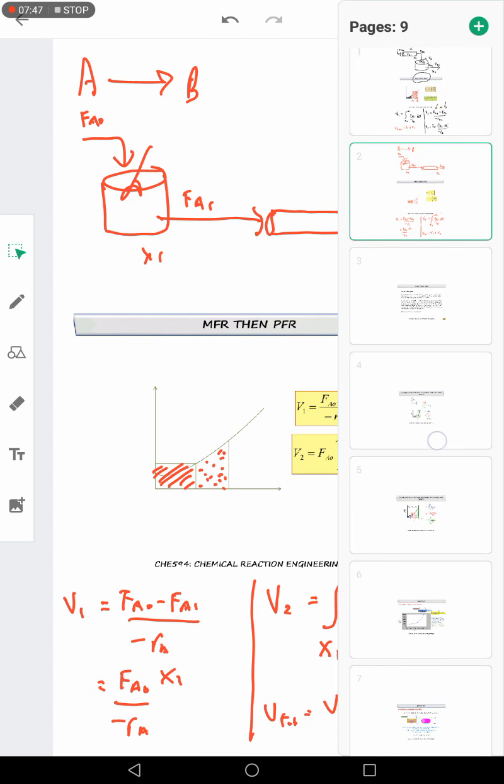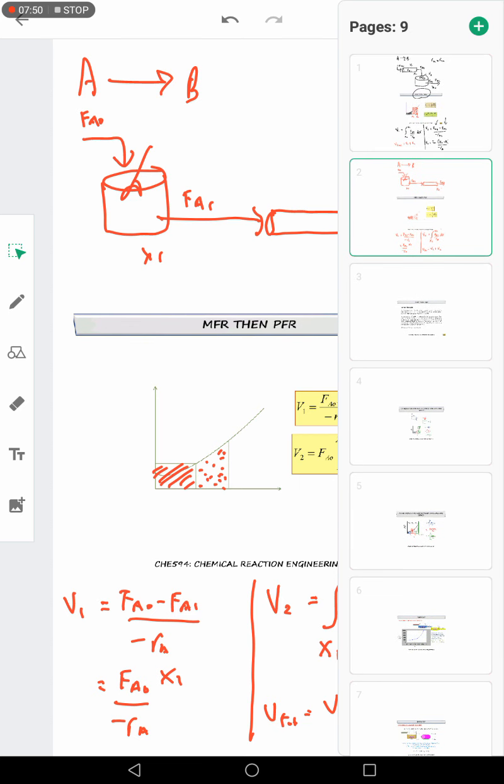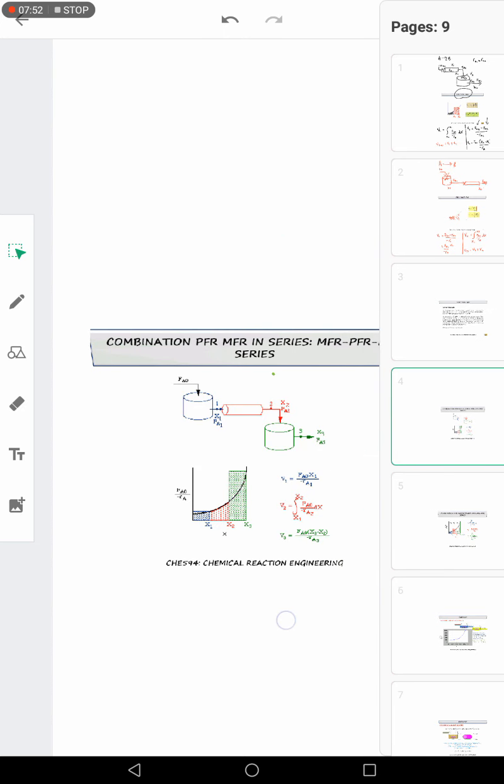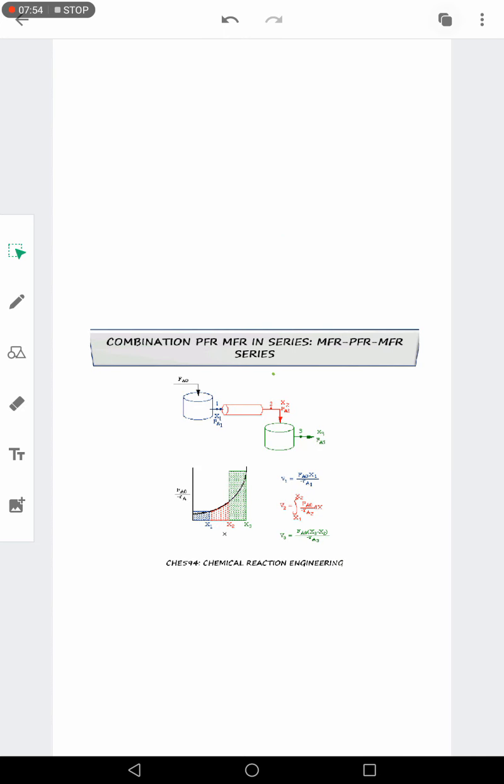Not stopping at that arrangement only. Dia juga akan ada case yang arrangementnya of the reactors, dia buat PFR, CSTR, kemudian PFR, kemudian CSTR balik. So you kena calculate lah. Okay.